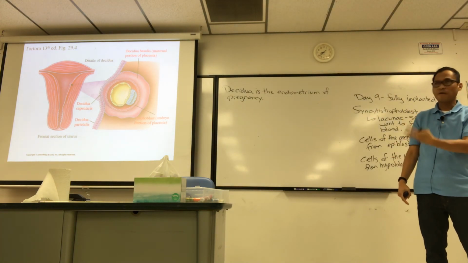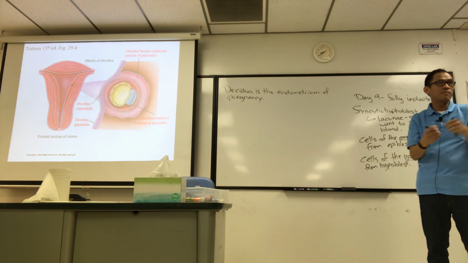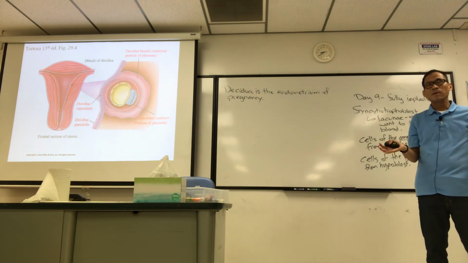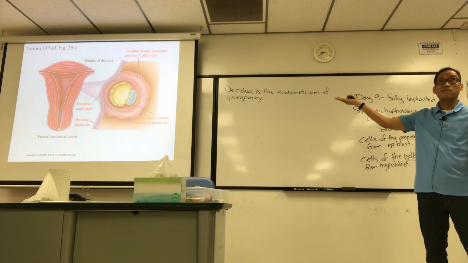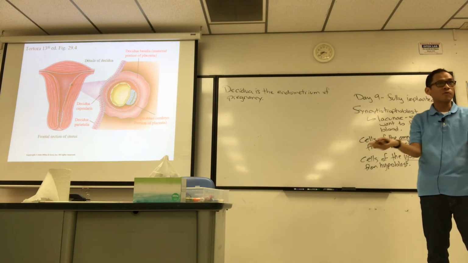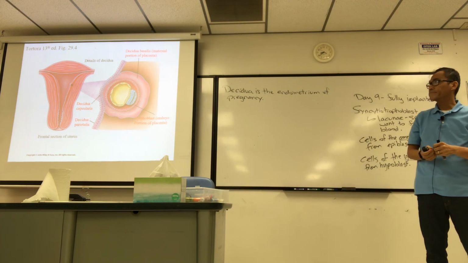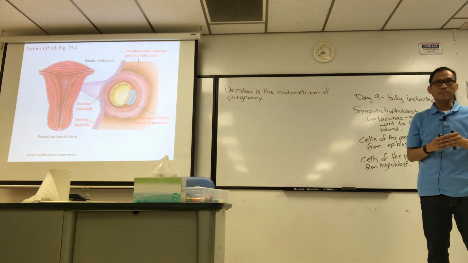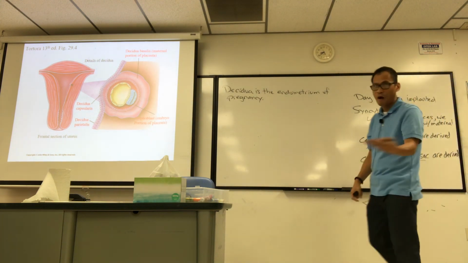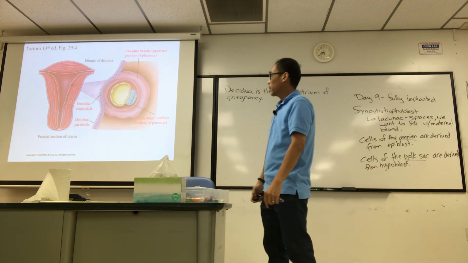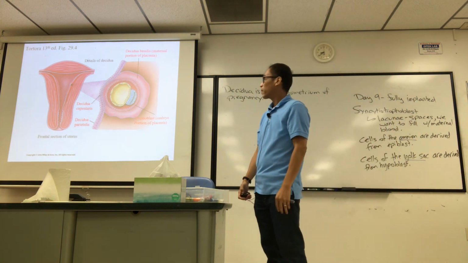Decidua means falls off. If you've given childbirth, you get the baby out, what comes later? The placenta. It's the endometrium, the part that's coming off with the baby. That's kind of why they use that word. It means that which falls off. It will fall off after birth, and they literally call it the afterbirth.